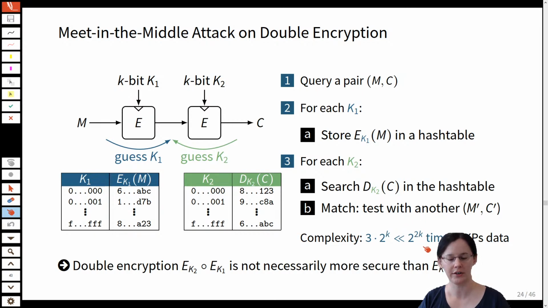It's definitely a lot less than a brute force attack on k1 and k2. And what I exploited here is essentially the birthday paradox, because I translated this key recovery problem into a collision problem. Okay, this is something you will also see again in the exercises.